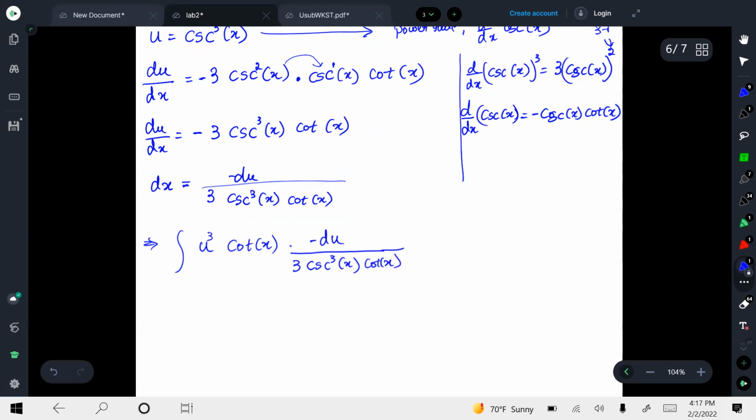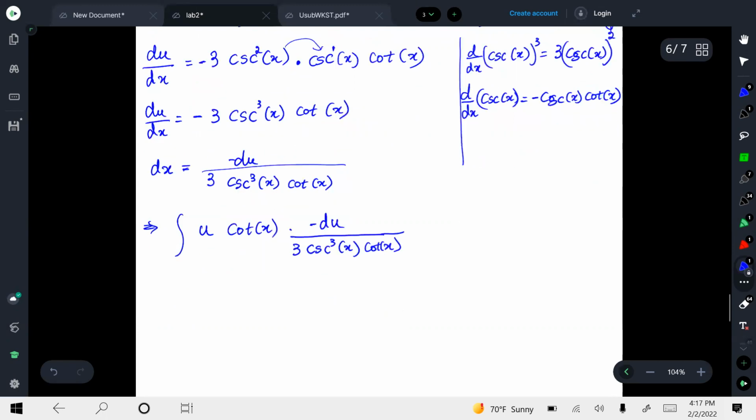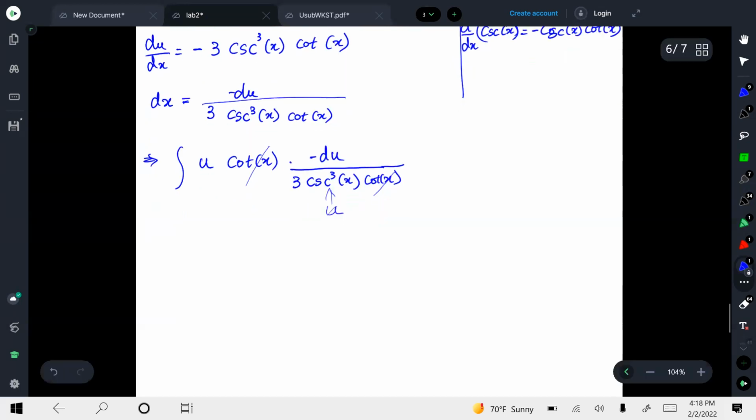Okay, now this is u. Now what can we do? Because I can cancel out cot of x and cot of x. But what can I do with cosecant cube of x? We know that we have substituted it as u, right? So this u and this u cancel out.